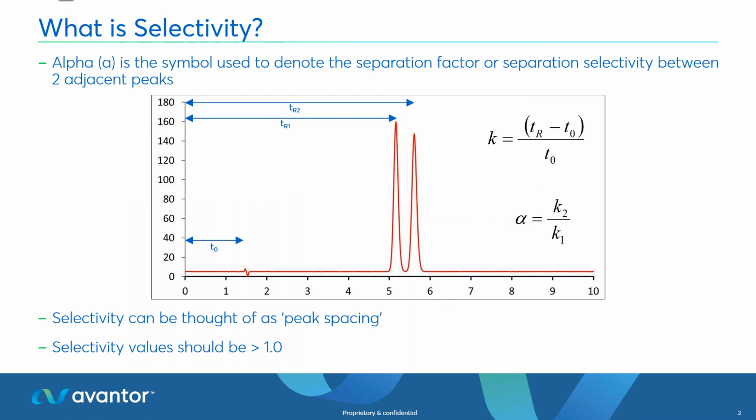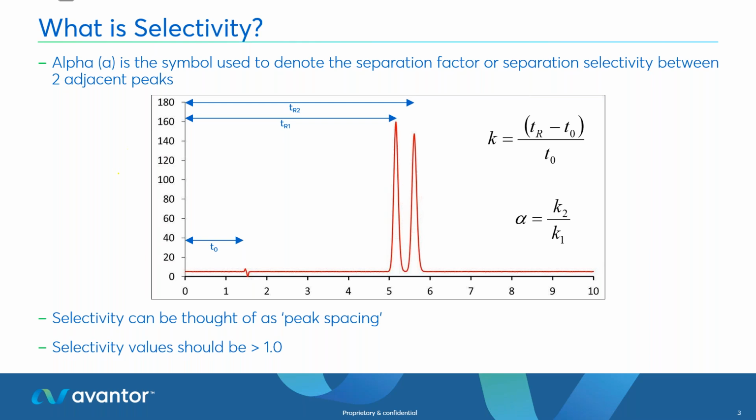So we're going to jump straight in and talk about selectivity. And I really wanted to put this early slide in so we're all grounded on what I mean by selectivity. I know there's a small amount of maths on here, but it's really important to understand how selectivity fits in.